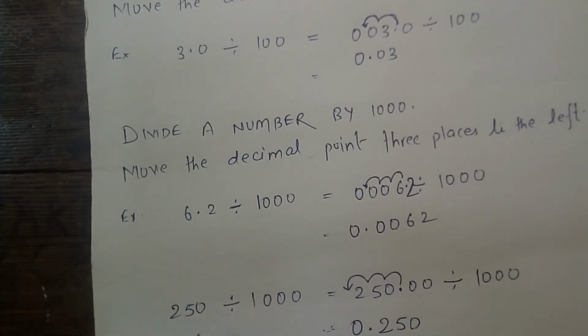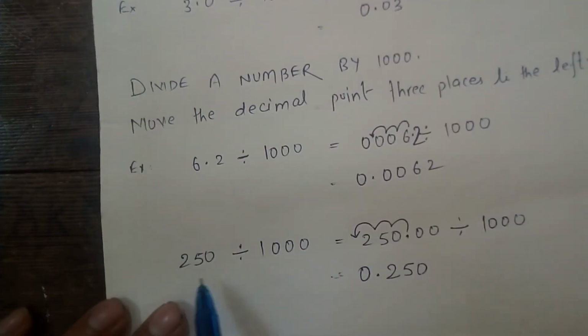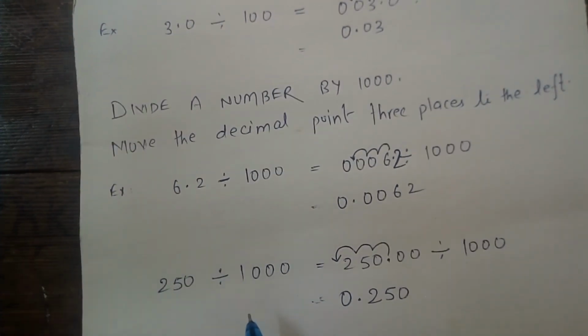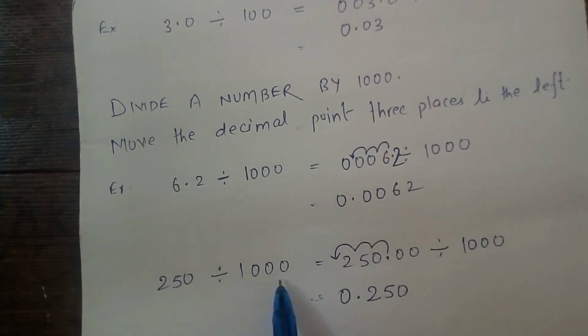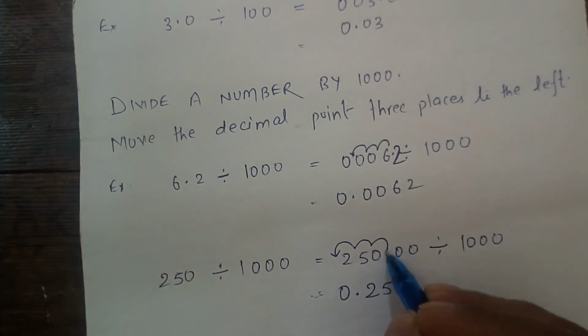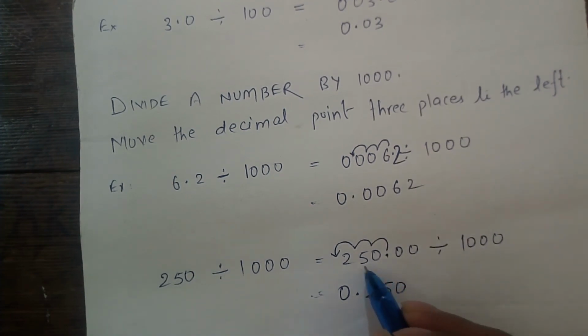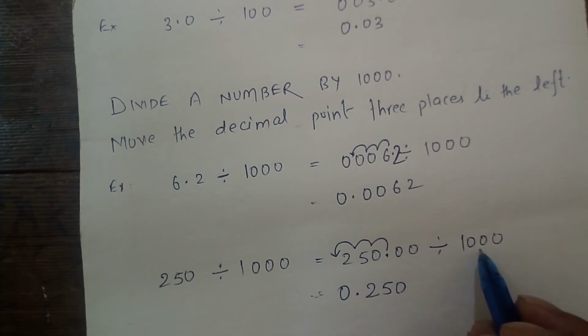Okay, again: 250 divided by 1000. What is your answer? As you know, in 1000 the number of zeros is 3. So move the decimal point three places to the left. As you are looking, 250 we can write as 250.00, divided by 1000.